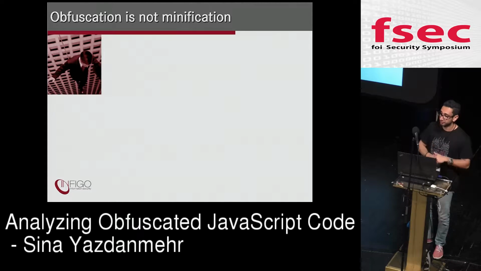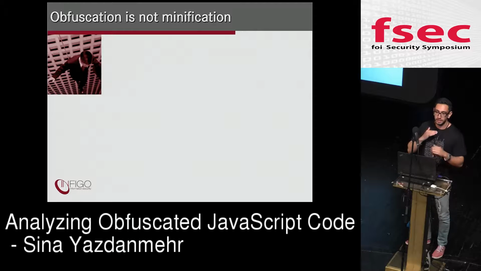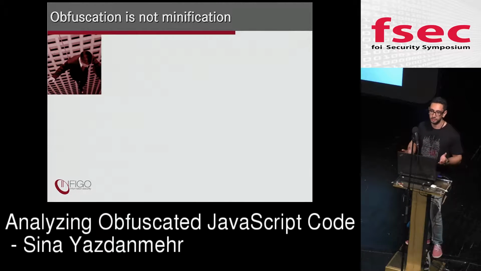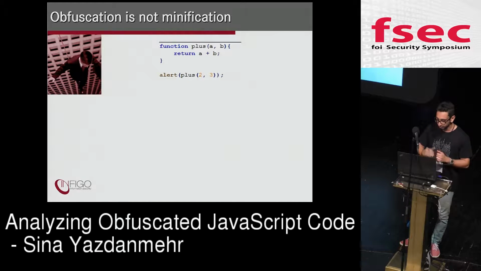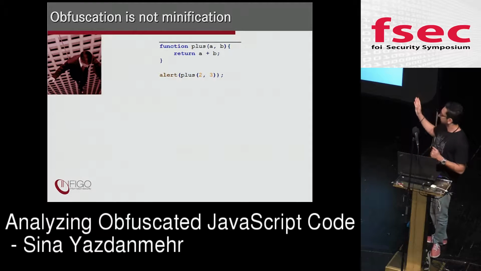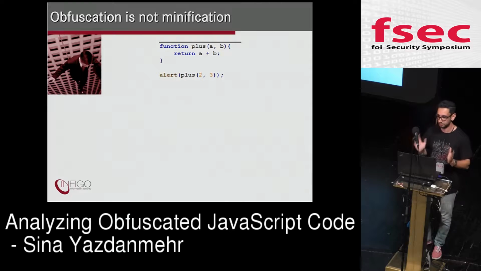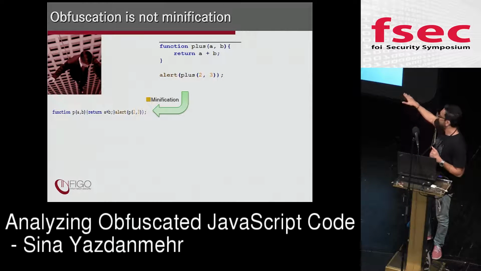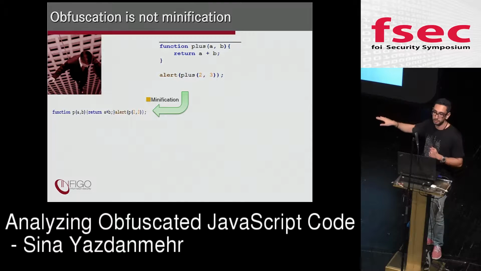We have another definition, minification. Unfortunately, these two methods usually get confused, and I have seen lots of articles which categorize minification as obfuscation. What's the difference between these two techniques? That's our first example, simple JavaScript code. If we minify that, we would have something like this line of code.